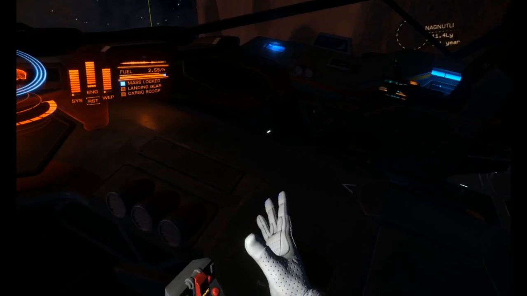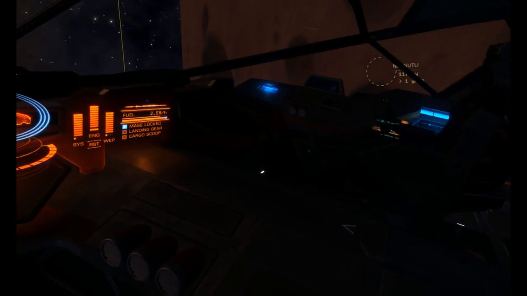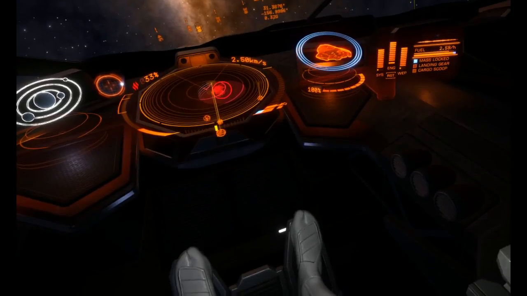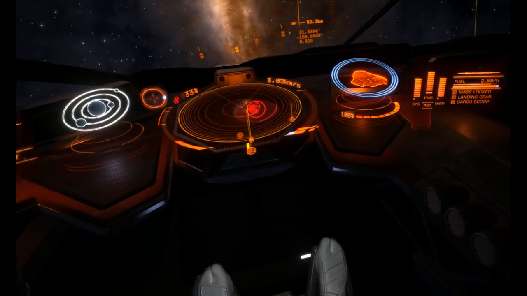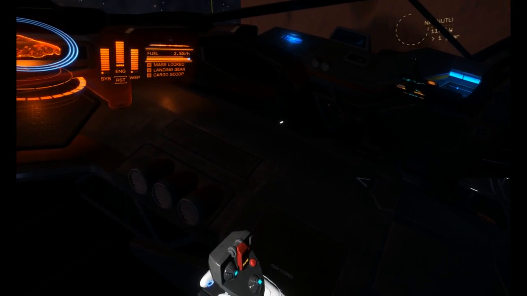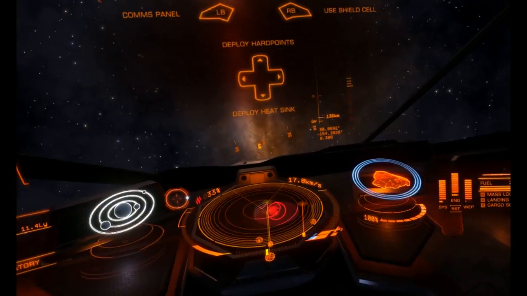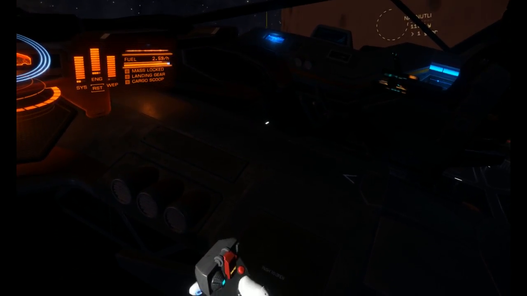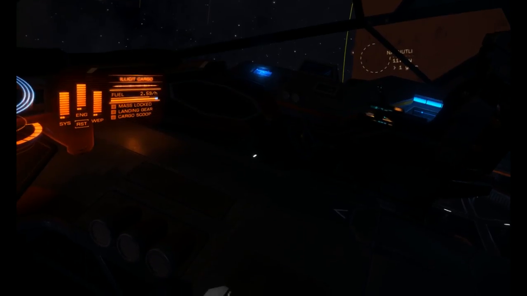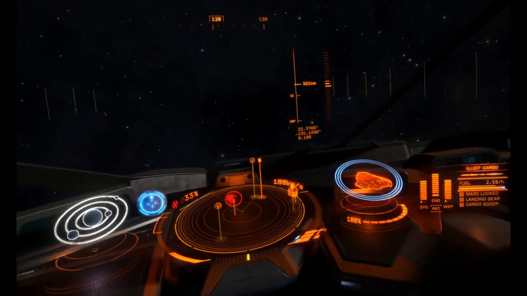We have our second bank of weapons armed. Frameshift drive charging.